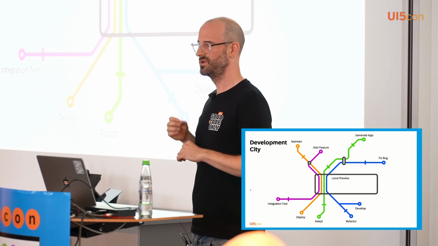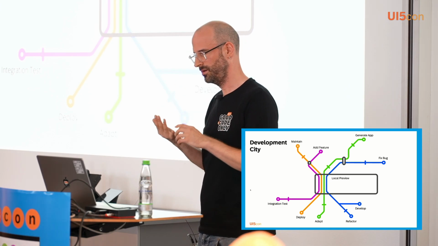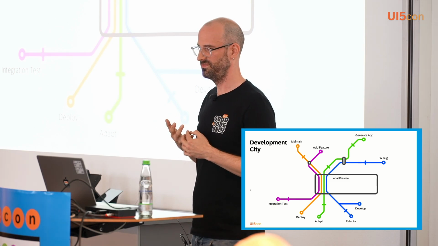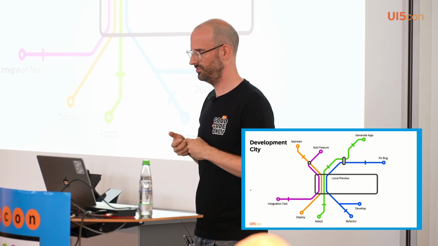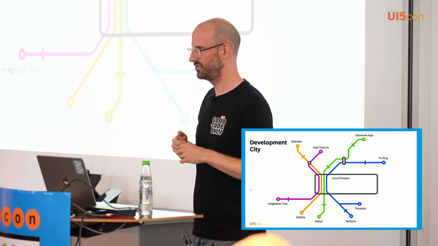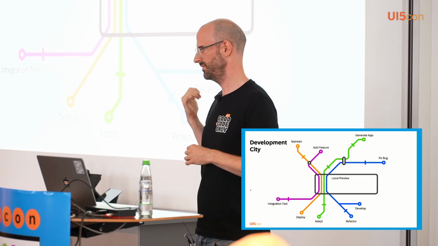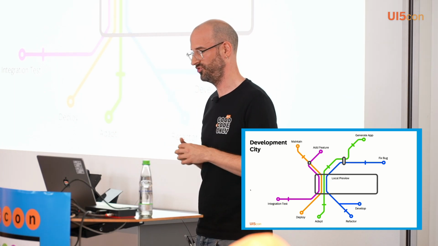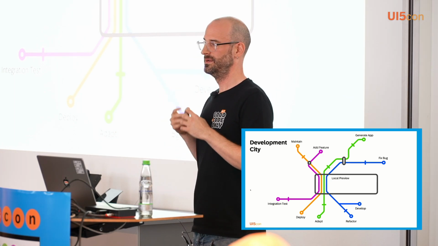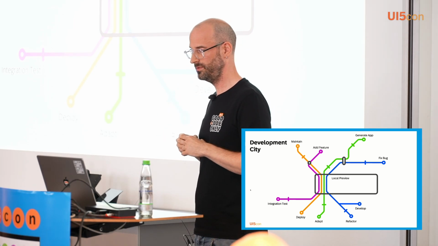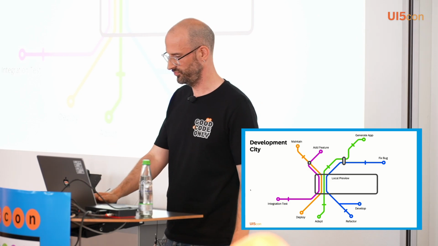No matter if you fix a bug, add a feature, or refactor something, before deploying the application to the live system you want to make sure that it actually runs, and therefore you need a local preview of what you did. So this presentation revolves around that central station. What is the local preview all about?